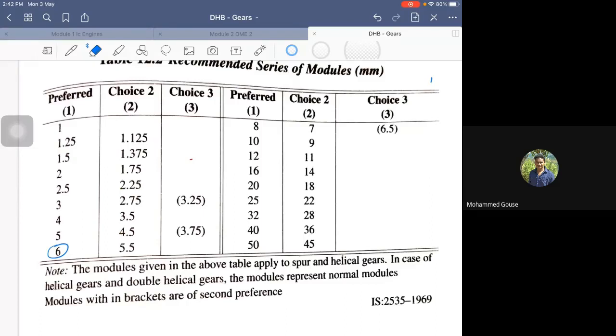That is my point. If it comes less, select that value, no issue. Getting my point?